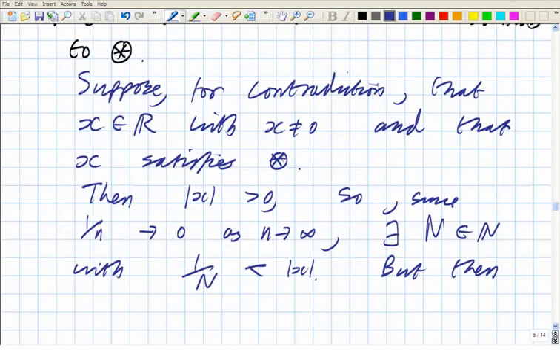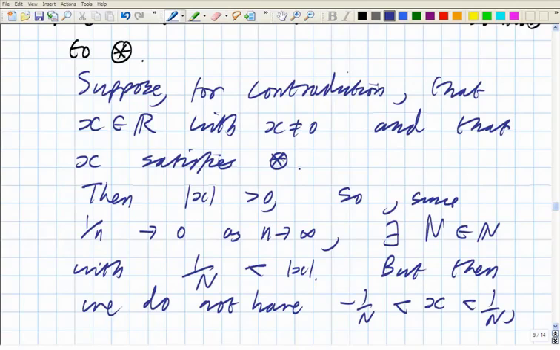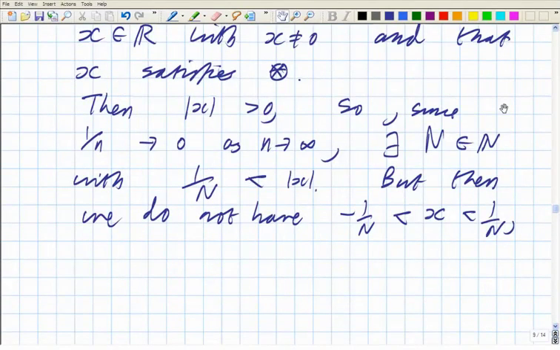But then x is not between minus 1 over N and 1 over N. And this contradicts star, because it's supposed to be between them for every natural number.